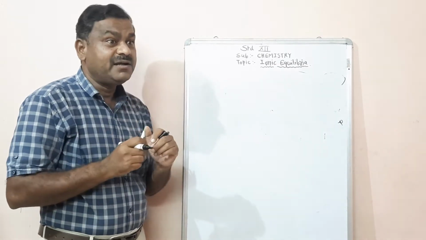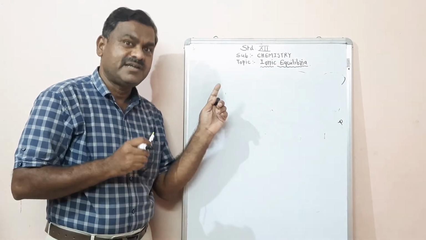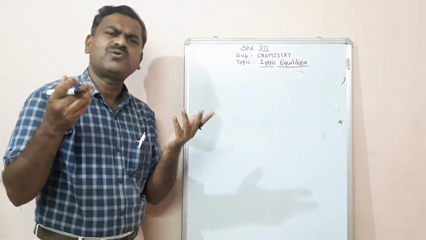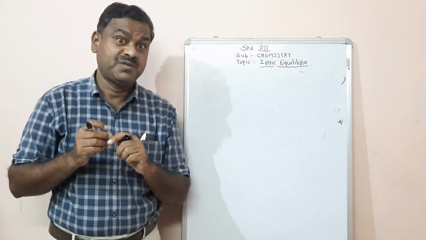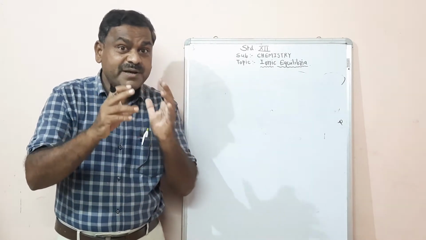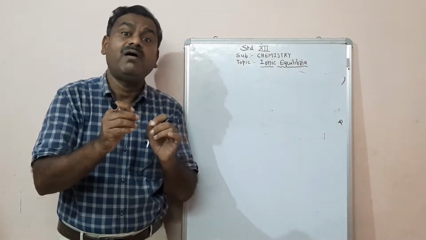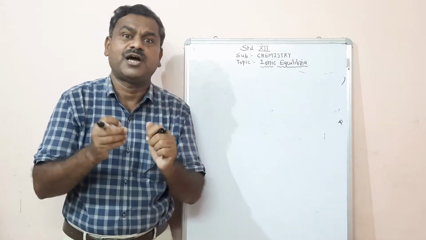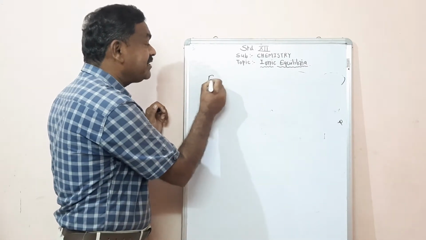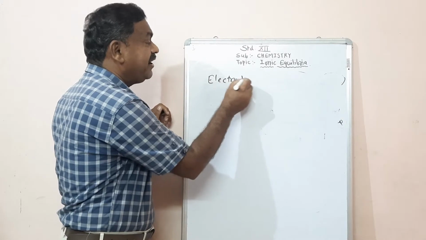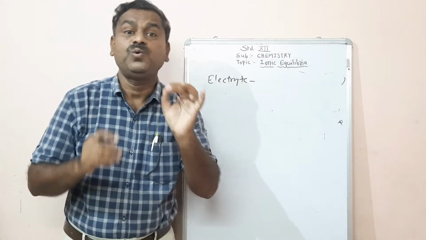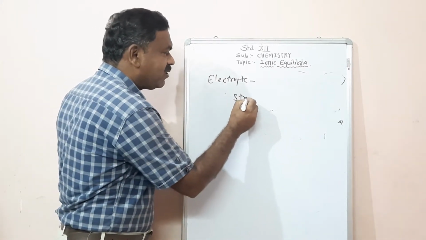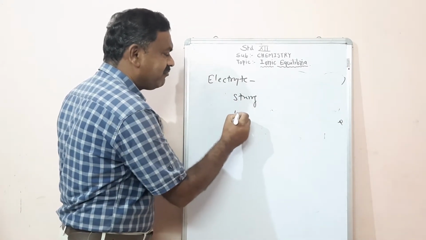Now before that, the charged particles, Na plus, Cl minus, H plus, OH minus, are called charged particles. On the basis of the extent of dissociation in solution, electrolytes are divided into two categories: one is the strong electrolyte and the second is the weak electrolyte.